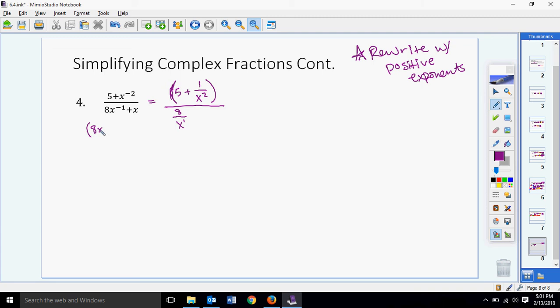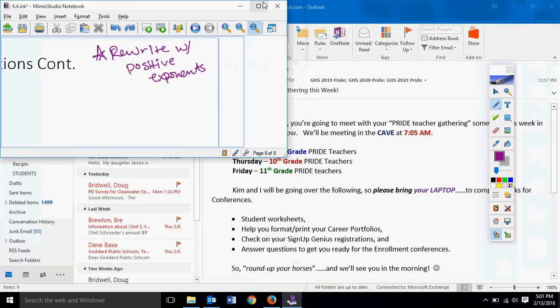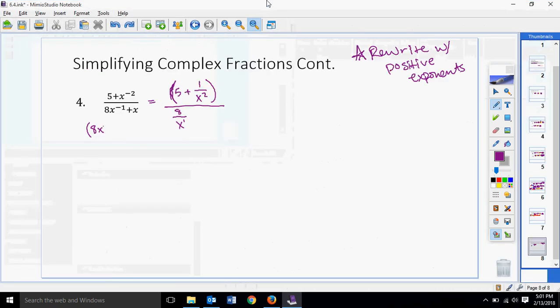If the problem were like this, the negative 1 applies to everything, so you would bring the entire 8x down with a 1 in the numerator. But it's not. The negative 1 is only on the x, so only the x gets to go to the denominator. And then we have plus x. Okay, so I rewrote it with positive exponents.